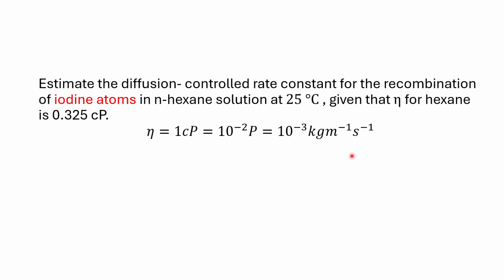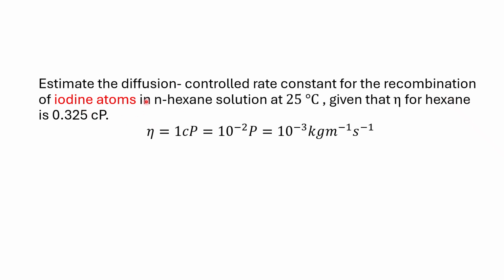And you have to take note that in this question, the reaction involved is iodine atoms. So iodine plus iodine will produce the iodine molecule. That's why it's called the recombination of the iodine atoms.